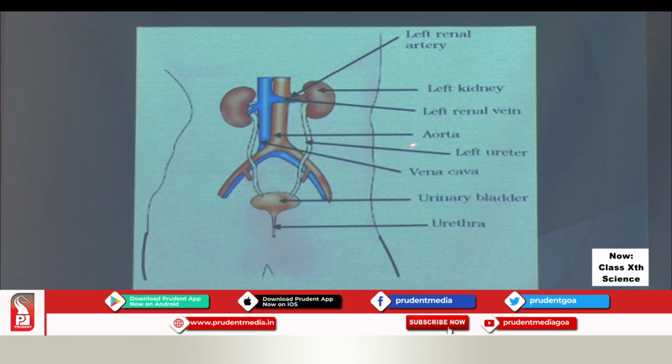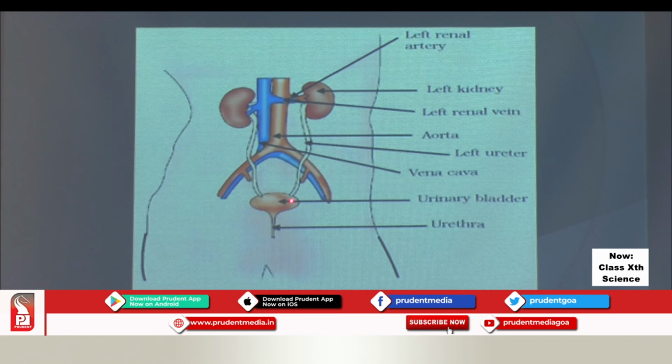Aorta brings the blood to the kidney. Then left ureter. As I said earlier, kidney removes nitrogenous waste from the blood. So whatever waste is removed, urine will be formed here. That urine will be transported by these ureters to the urinary bladder.